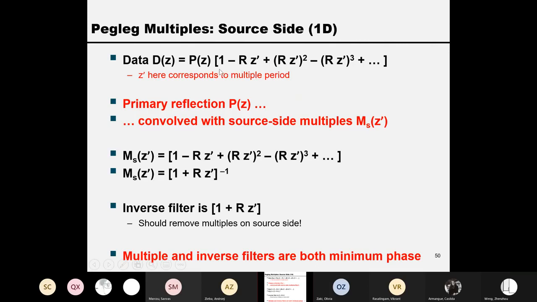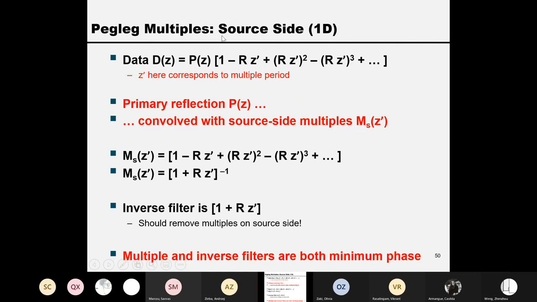Again, this time series, this polynomial, can be treated as a Taylor expansion of 1 over 1 plus RZ prime. The inverse filter is simply the denominator of this, which will be 1 plus RZ prime. If you apply this inverse filter to your seismic data, you will remove the Pegleg multiples.